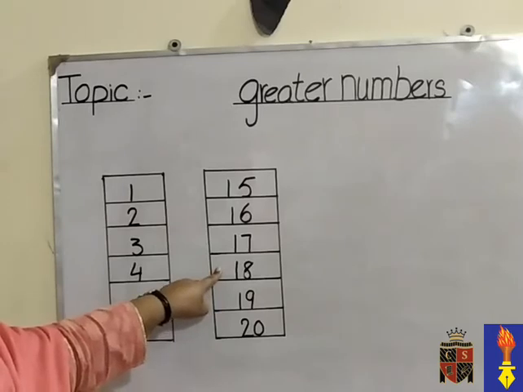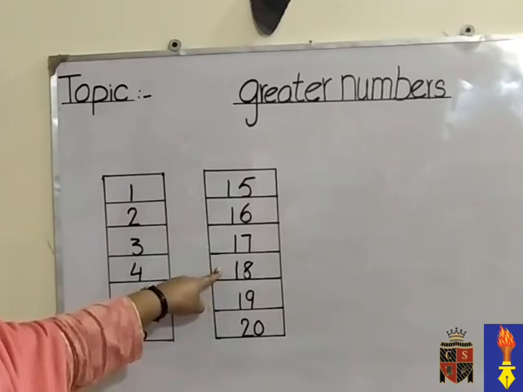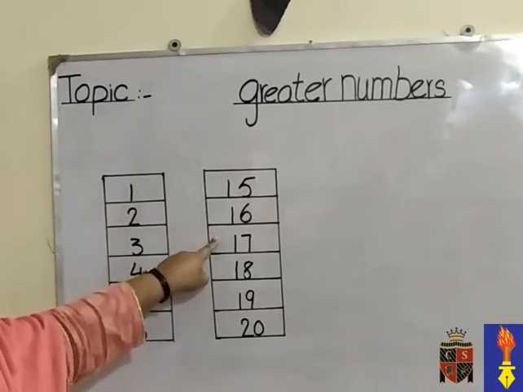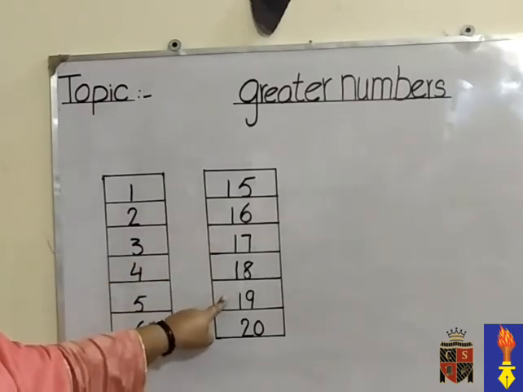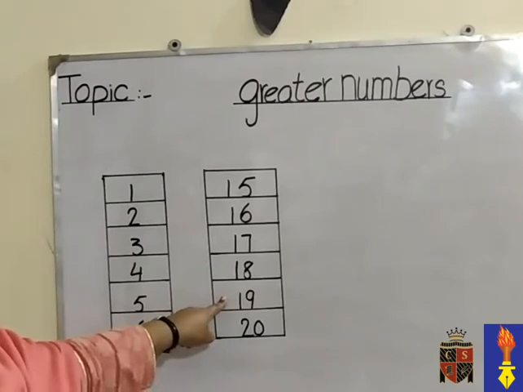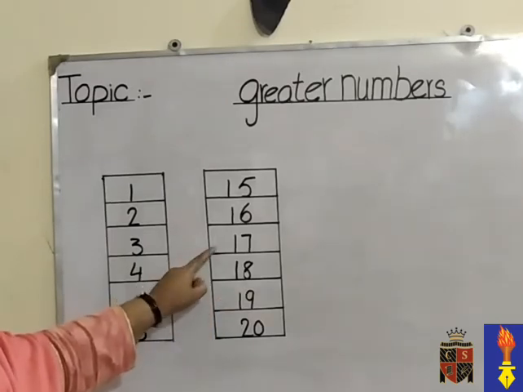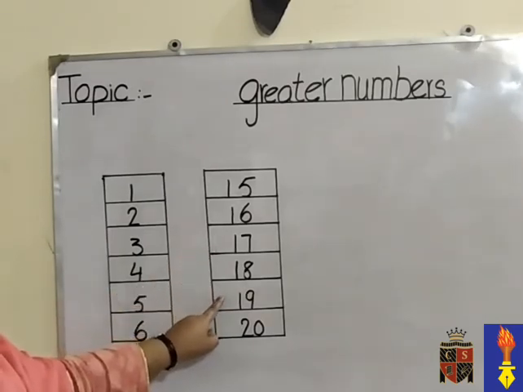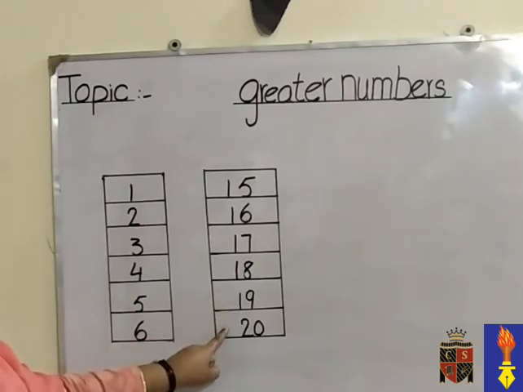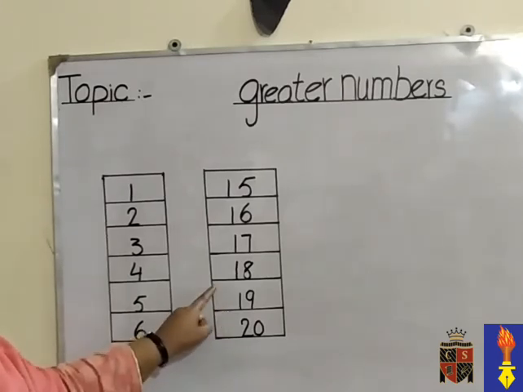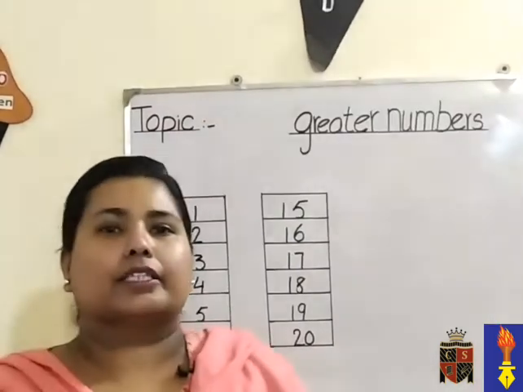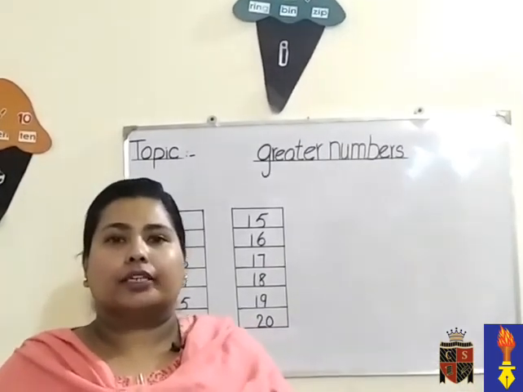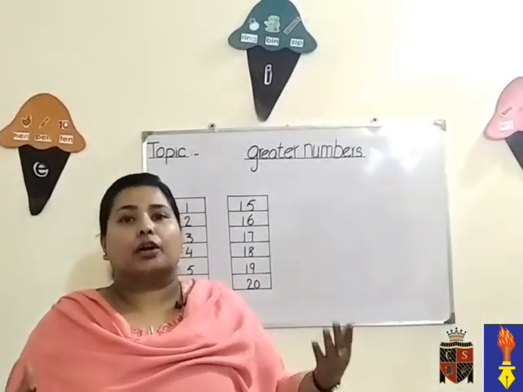It's 18, and 18 is greater than 17. What comes after 18? It's 19, and 19 is greater than 18. Similarly, we have number 20, and 20 is greater than 19. Okay students, the number after is called a big number or a greater number because it's more than the earlier numbers.